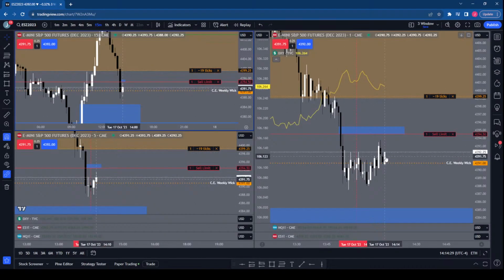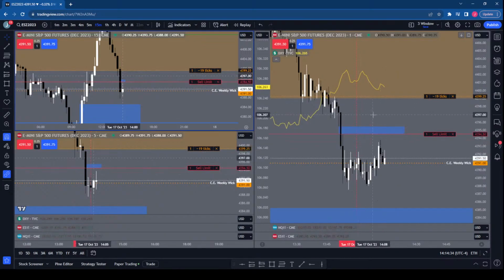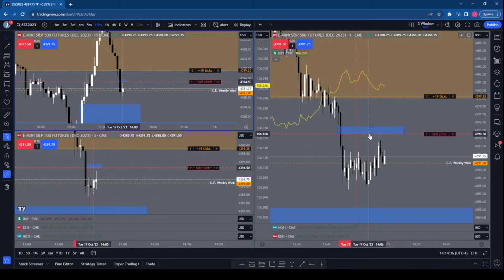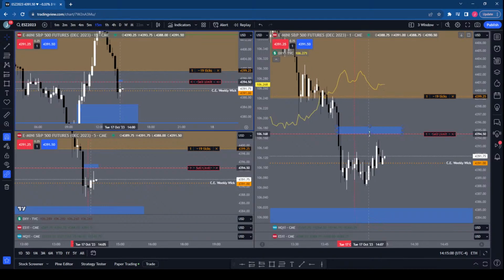So I want to see if when that new 15-minute candle starts, we'll get a tap into it. And okay, here's the new 15-minute candle.